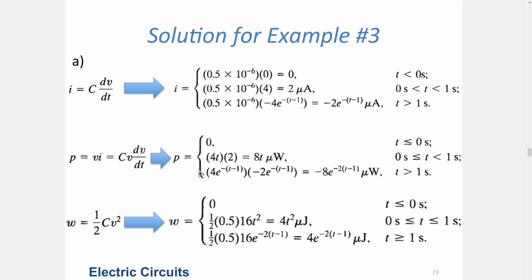And for the last part, when t is greater than 1 second, I'm going to get minus 8 times e to the minus 2 times (t minus 1) microwatts.